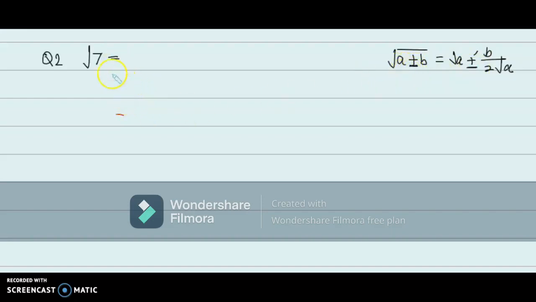Now root 7 can be written as root under 9 minus 2. That is a minus b, where a is 9 and b is 2. So it is root 9 minus b, which is 2, over 2 root 9.